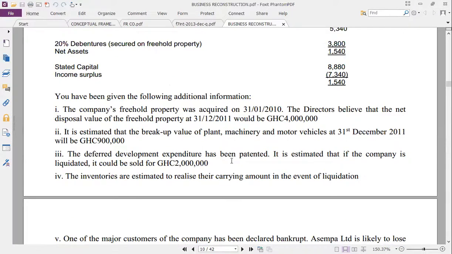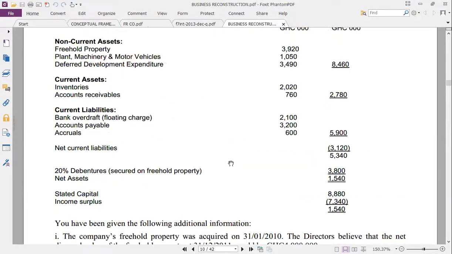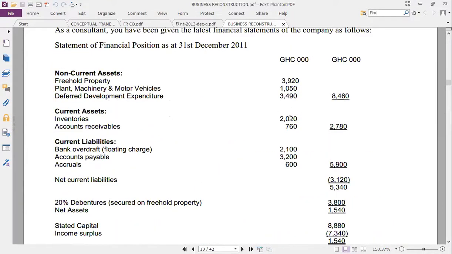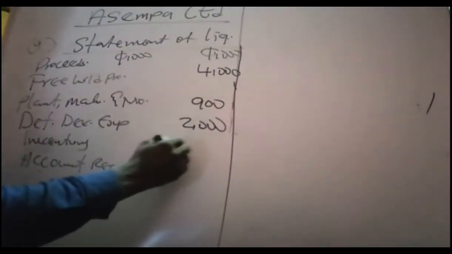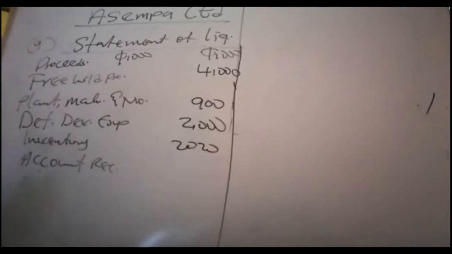It is the one stated in the financial position. The inventory carrying amount is 2020. Let's continue. The inventory will be 2020.